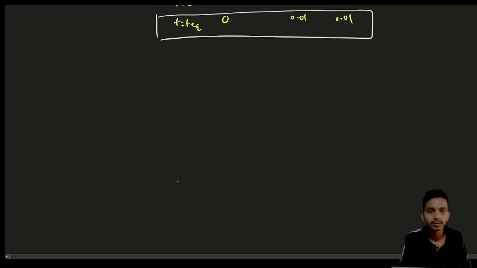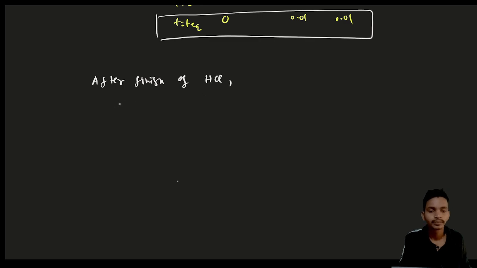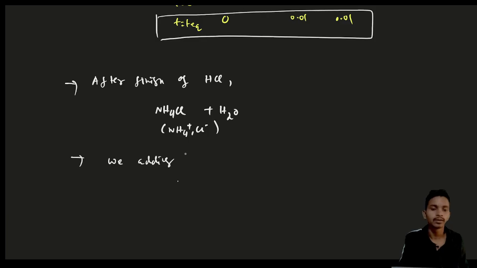So after the finish of HCl, what is there in the solution: NH4Cl is there, it means NH4+ and Cl- and water is there, and we are adding more and more NH4OH, a weak base.